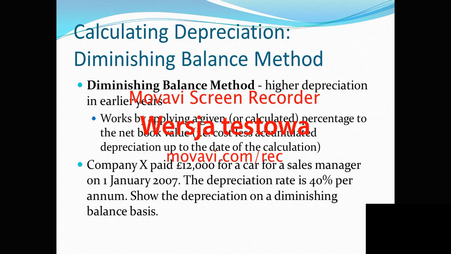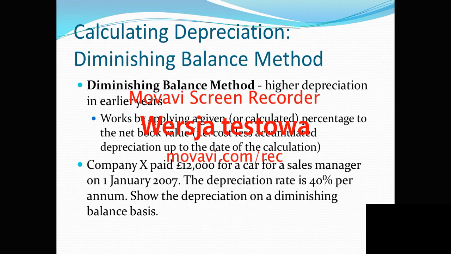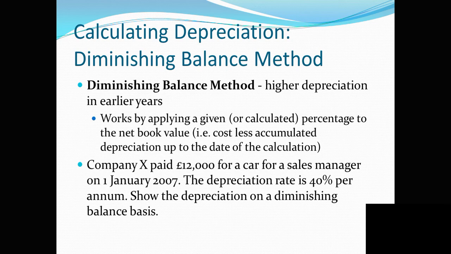Okay. So basically this method works by applying a given or calculated percentage to the net book value, the value that is the purchase price, up to the date of the calculation. So I mean each year you decrease the book value of the non-current assets by a certain percentage.